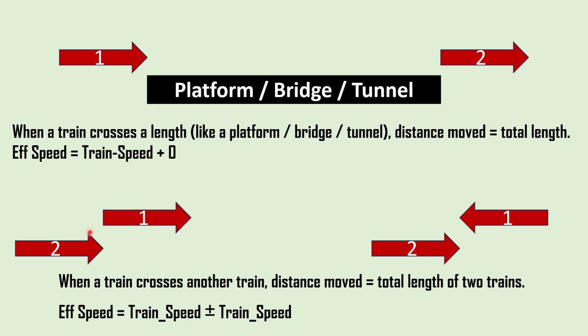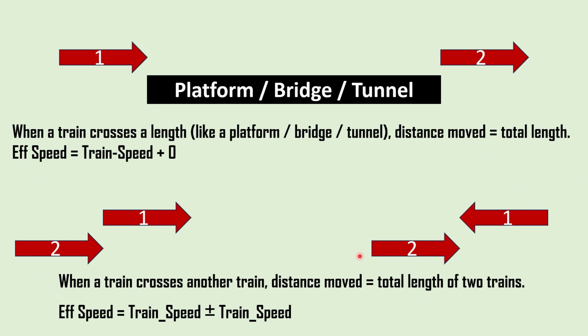And if one train crosses another train, then the distance moved will be the sum of the lengths of the two trains, that is total length of two trains. One train is completely crossing another in the same direction or in opposite direction. On the left side same direction, on the right side in opposite direction.